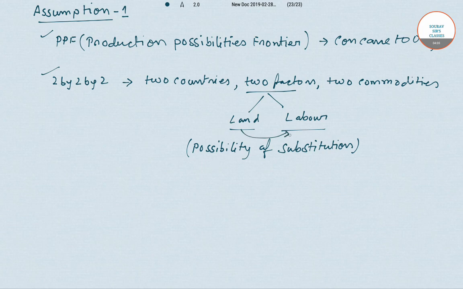Now we know in which case the production possibility frontier, the PPF, will be concave to the origin.